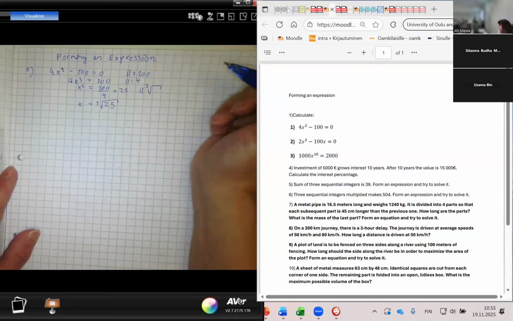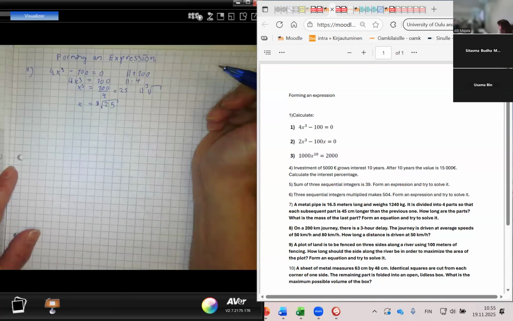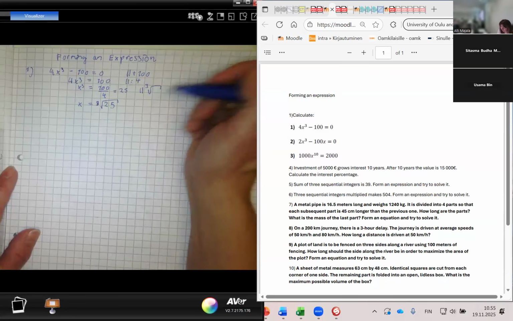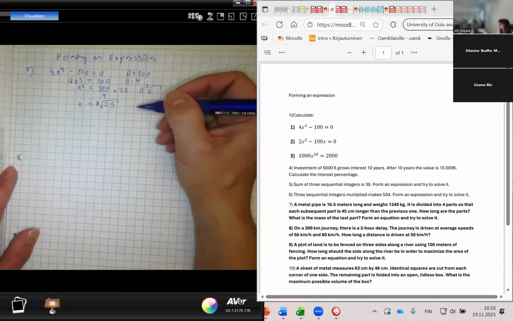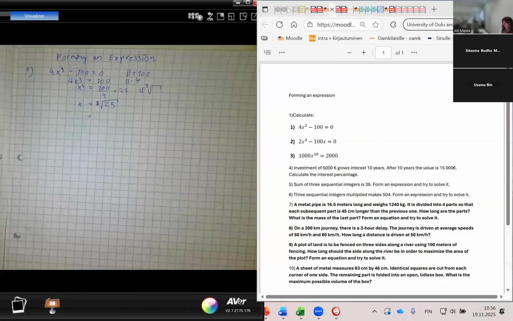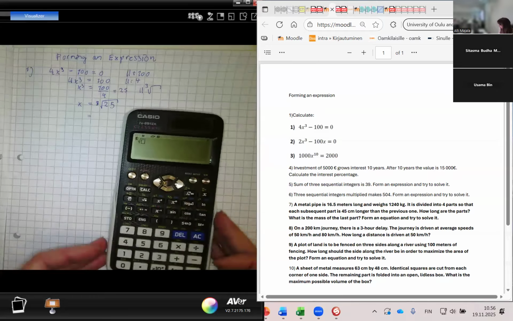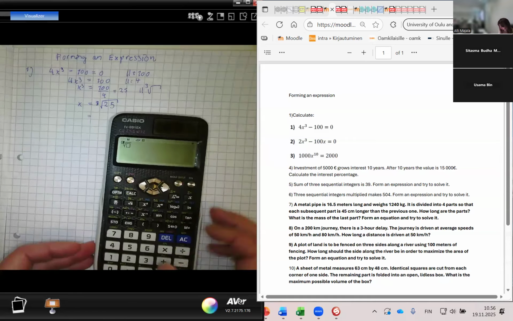That's the accurate form, and then you can also have it in the form of like this.